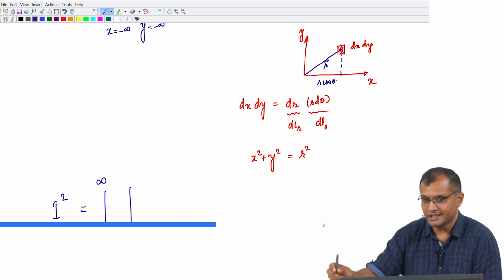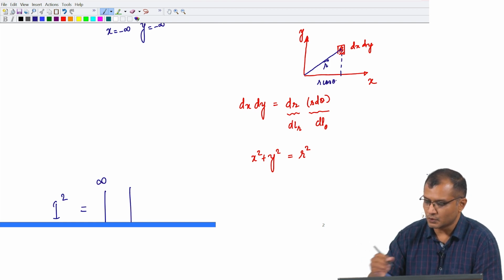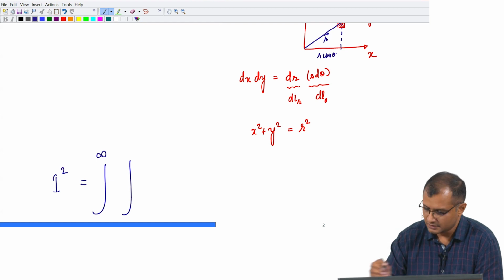Theta here will go from 0 to 2 pi, and the location would be specified at a distance r from the center.